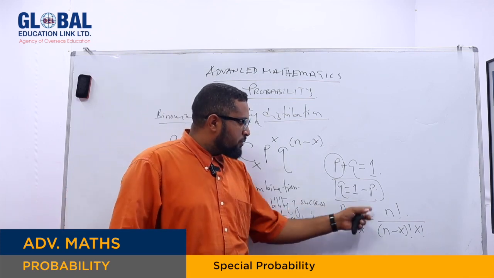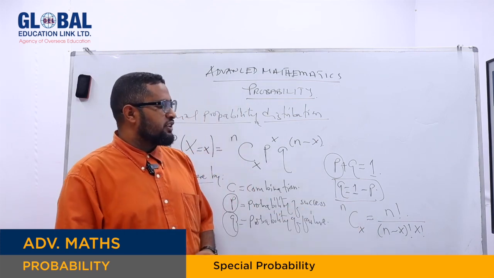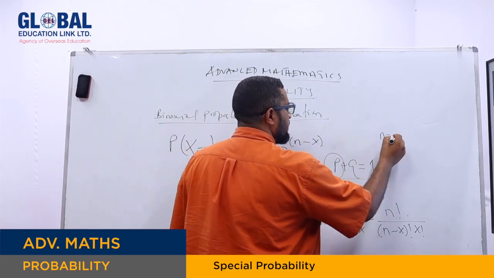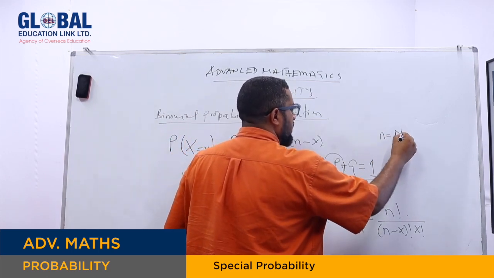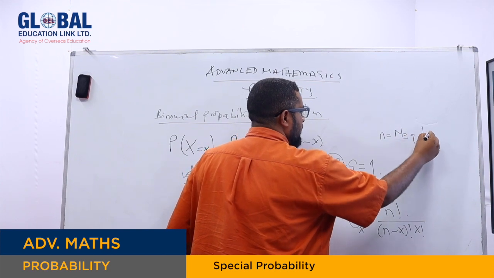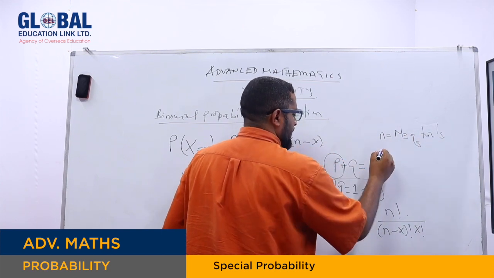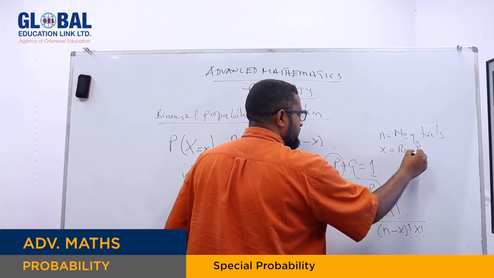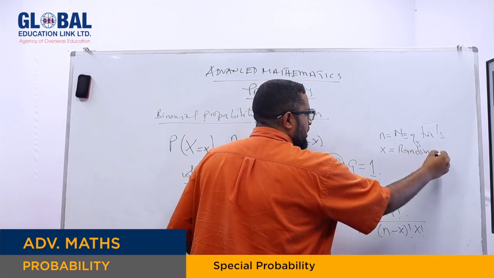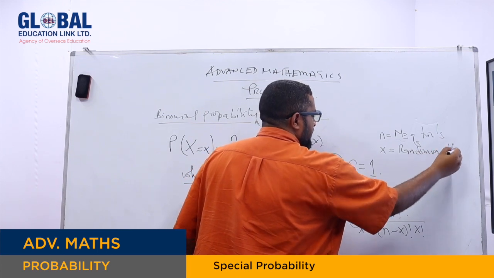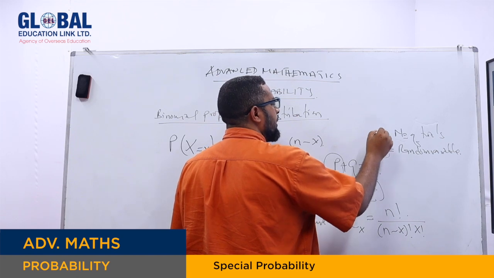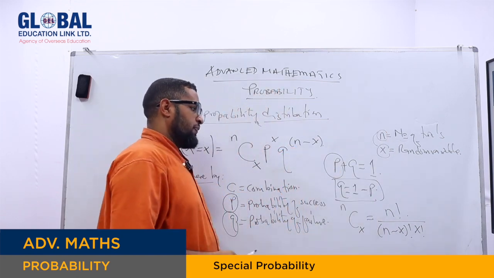Now, from the formula, n stands for the number of trials, and x is the random variable, normally picked from this number of trials.